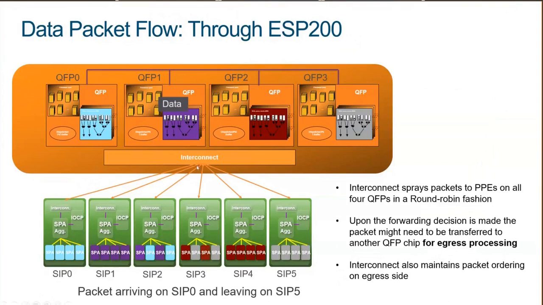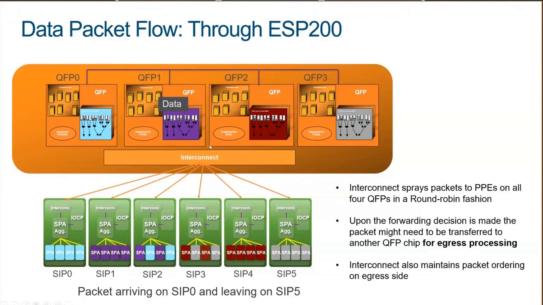It is sent over to the interconnect through the ESI link, and from the interconnect it will be sprayed into the PPEs on all the 4 QFPs in a round robin fashion.